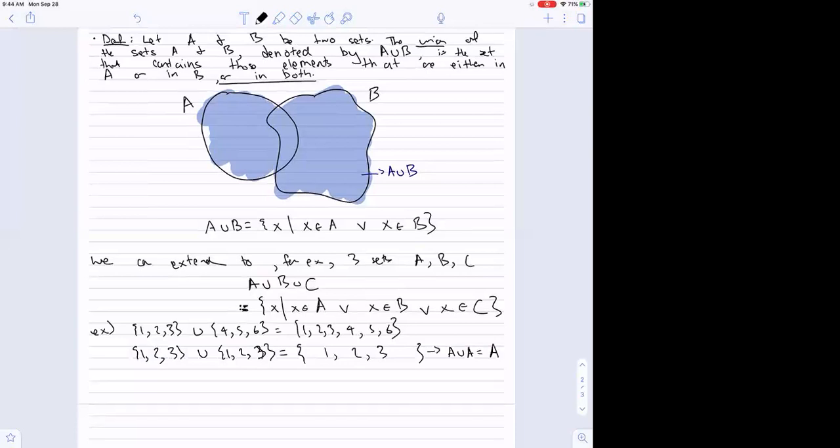That's something I want to say about the homework, since I grade your homeworks: an example is not sufficient as a proof, but it's a good place to start. If you have A union A, that union is always equal to A because you're not adding anything more into the set. So it's just equal to itself.